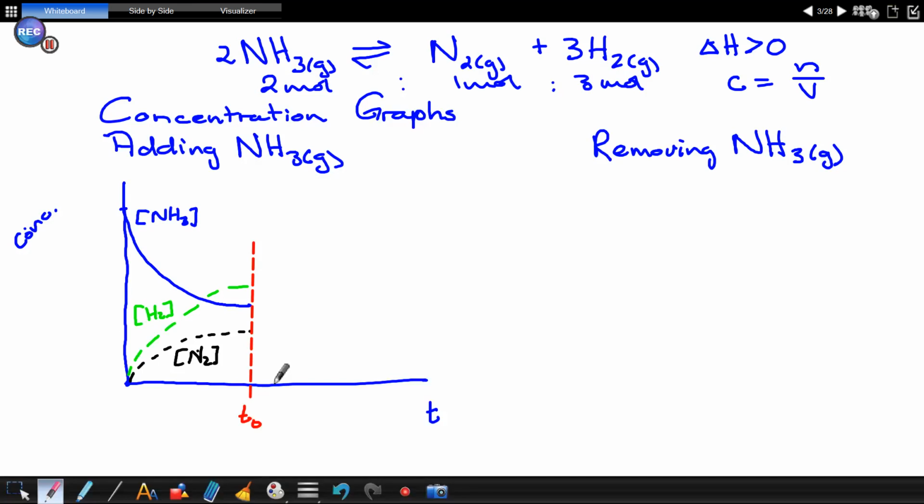Mm-mm. Why is it so, ma'am? Because they haven't reached equilibrium here yet. This is not a rate graph. It's the way the concentration, the amount of the reactant, is changing.